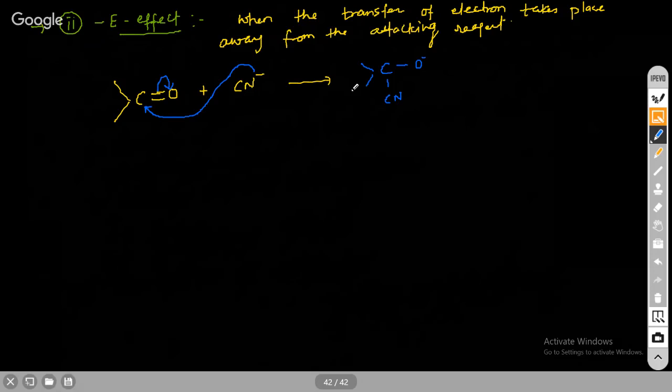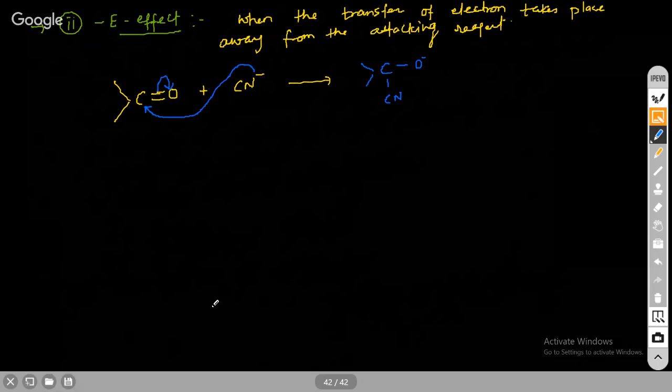Simply one thing you can keep in mind here: the attacking reagent will not attach to the atom on which the electron is transferred. That's the meaning of minus E effect. Now, why is it temporary? If you remove this cyanide group from here, again you will get C double bond O, the same thing.